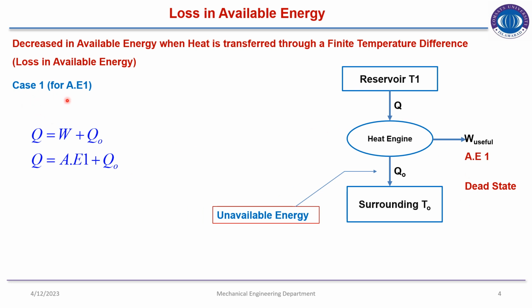Now for case 1, when the temperature is T1, the available energy is AE1. Here Q is the total energy, AE1 is the available energy, and Q naught is the unavailable energy.